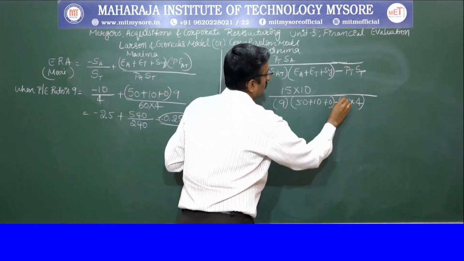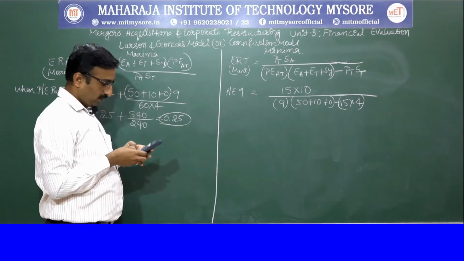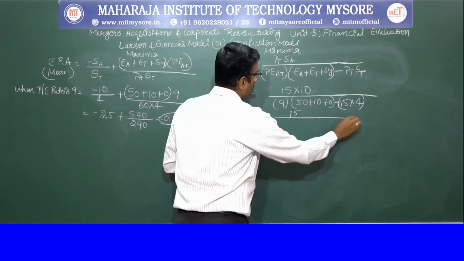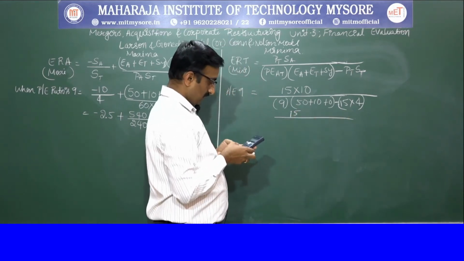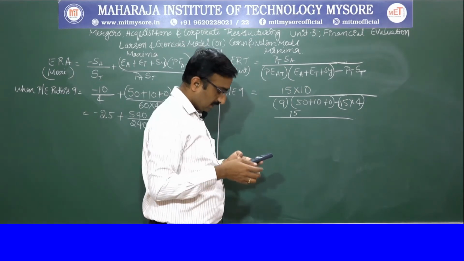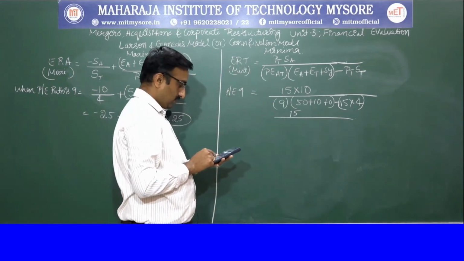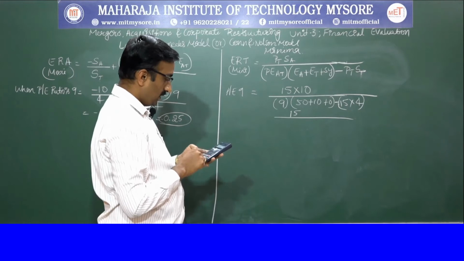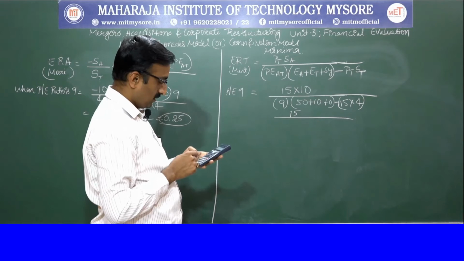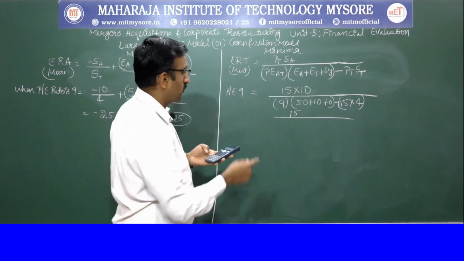So 15 into 10, you will get 150, divided by 60 into 9, okay, we will get 540, and 15 into 4, you will get 60.